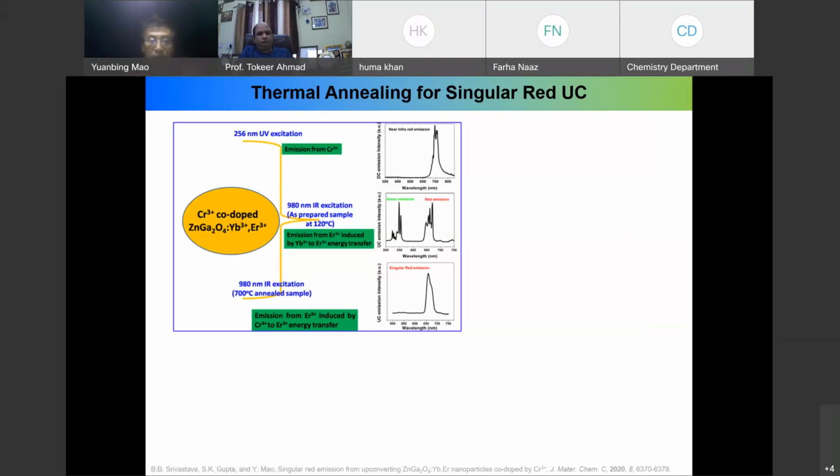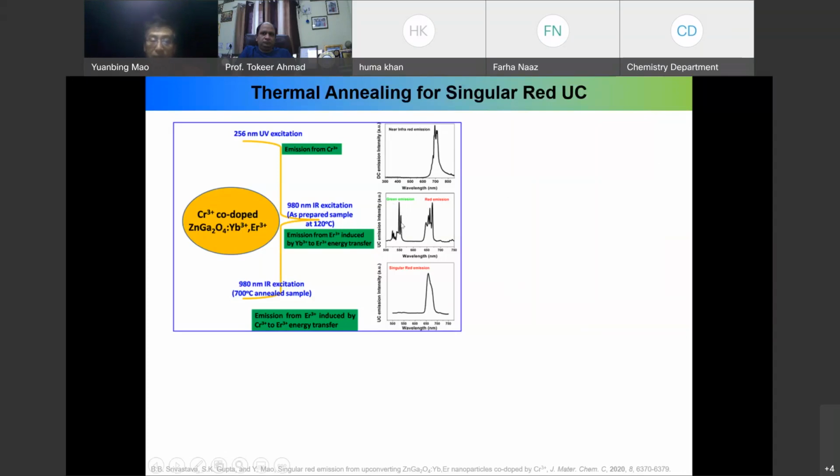One important thing is, because this is ytterbium and erbium doped, we also look at it as upconversion. So we excited this material with 980 nanometer infrared, and we saw the red emission and the green emission, right?